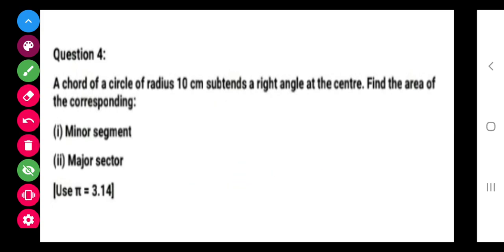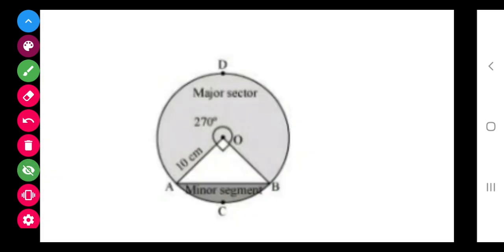This is given. Now we have to find the area of the corresponding minor segment and major sector. Minor segment, major sector. This is your minor segment, this one part, and major sector.